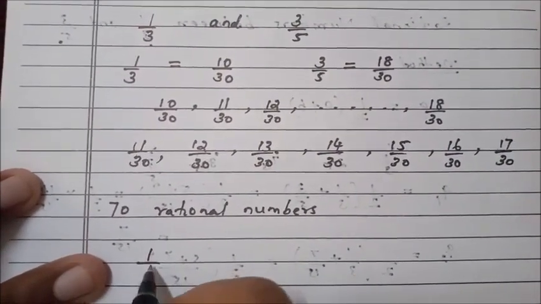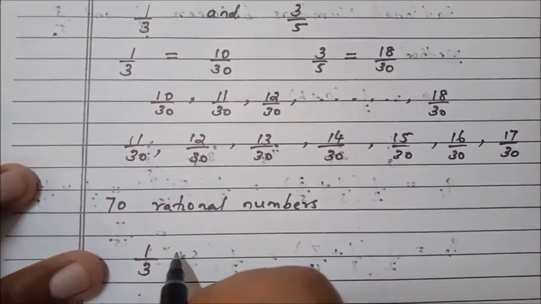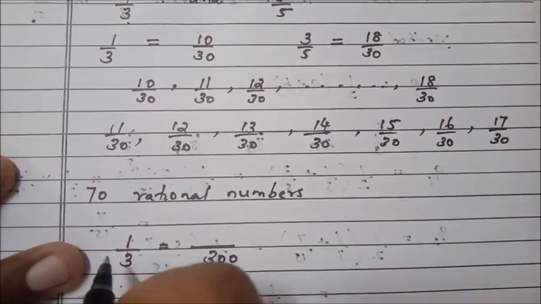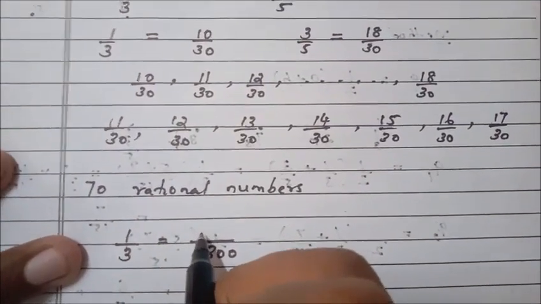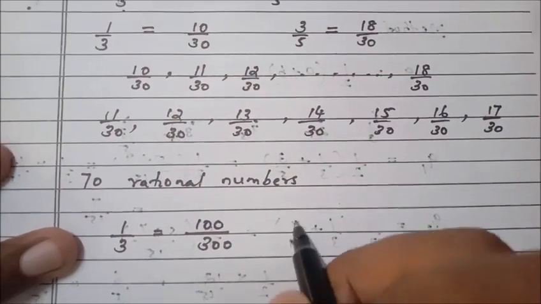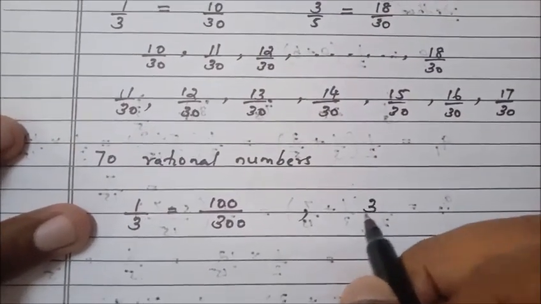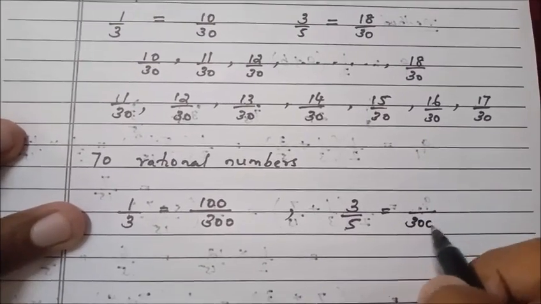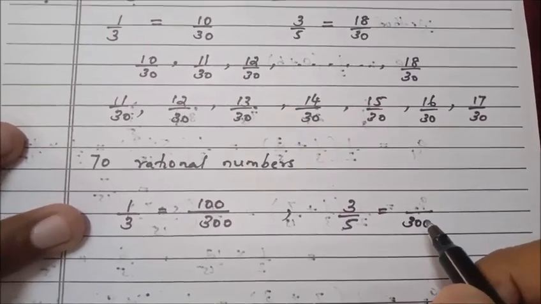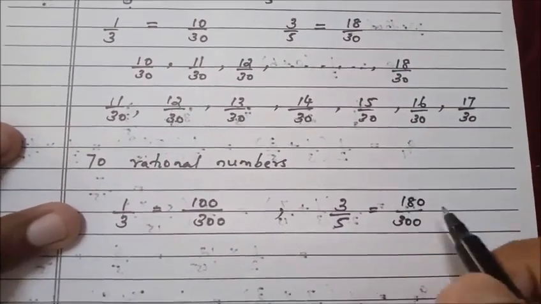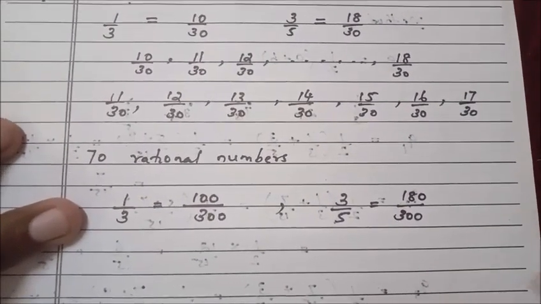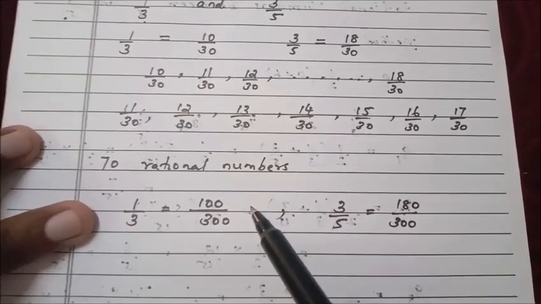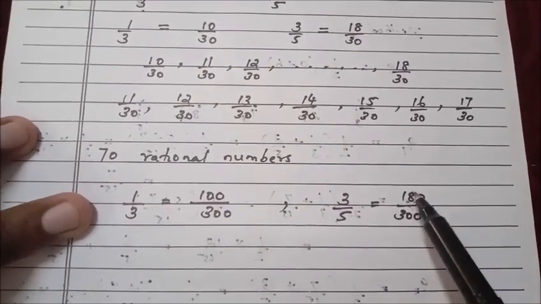For example, if you make common denominator as 300, then the equivalent rational for 1 by 3 will be equal to 100 upon 300, and for 3 upon 5, by making the common denominator as 300, it will be equal to 180 upon 300. Now we know that there are 79 integers between 100 and 180.